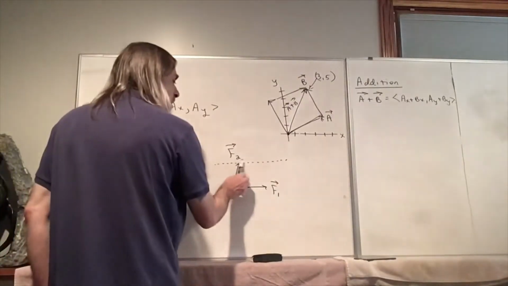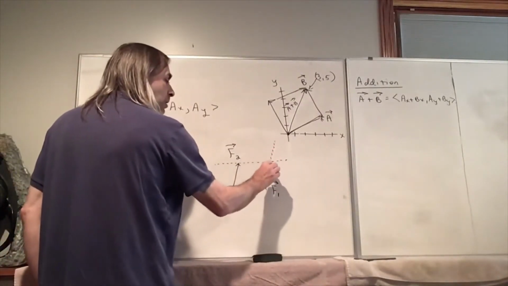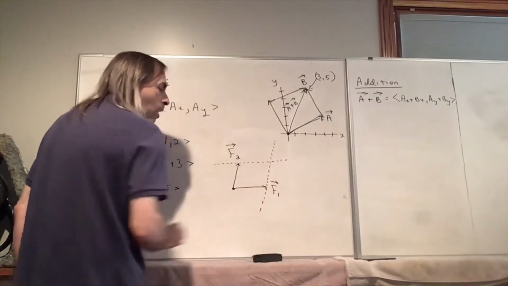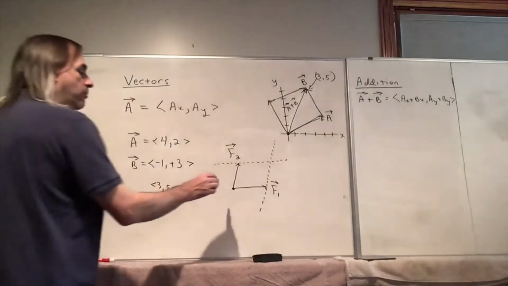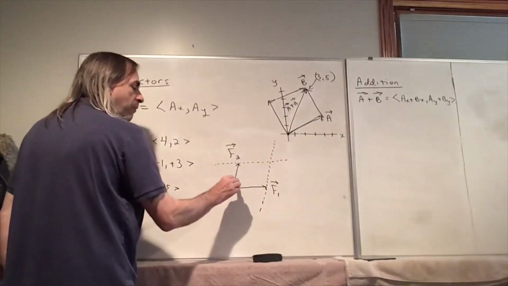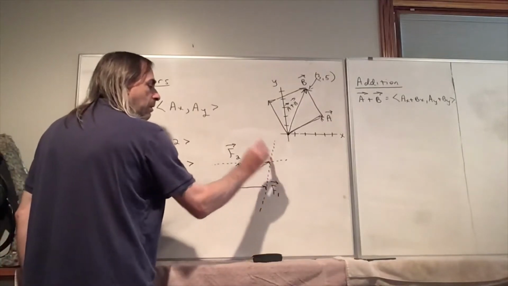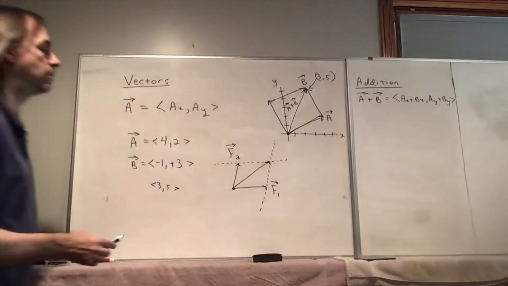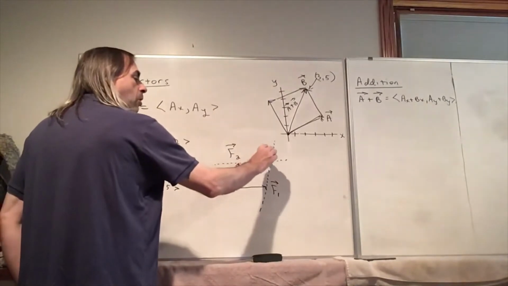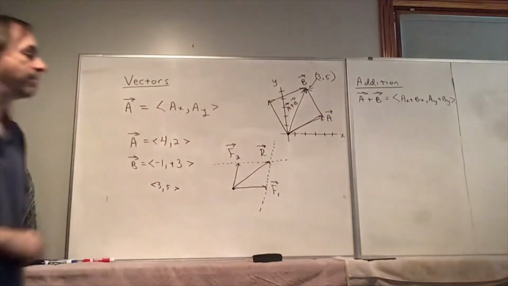Then we draw a line parallel to F2 passing through the tip of F1, and that forms a parallelogram. The sum of these two forces would be that diagonal. I'll call the resultant R for now, just R.